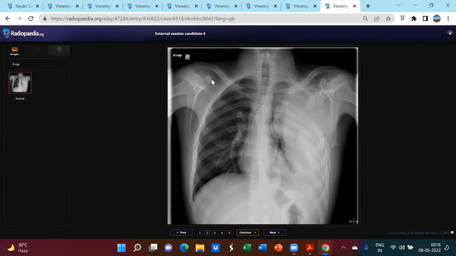There's a left approach central line with its tip in the right atrium. So what do you think? Why has that been done? Well, it is not exactly a PICC line or a portacath, which would make me think that this has been placed for chemotherapy infusion.